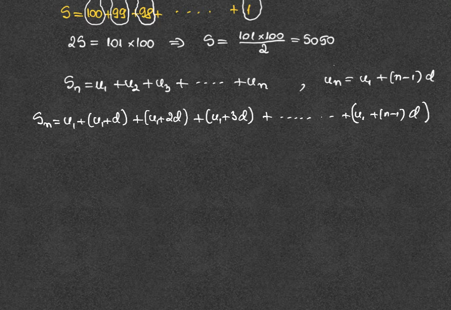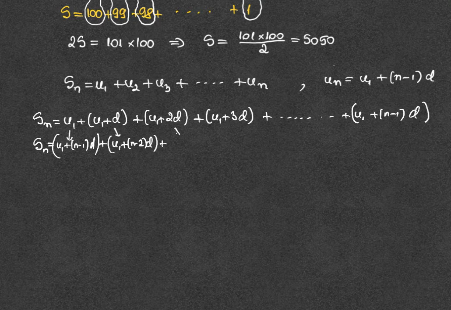Following the same logic as before, I rewrite the sum the other way. So I will write un here below this one, u1 plus n minus 1 d, plus below this one I write u1 plus n minus 2 d, the one before, plus u1 plus n minus 3 d, and so on, up to the very last one, which is u1.